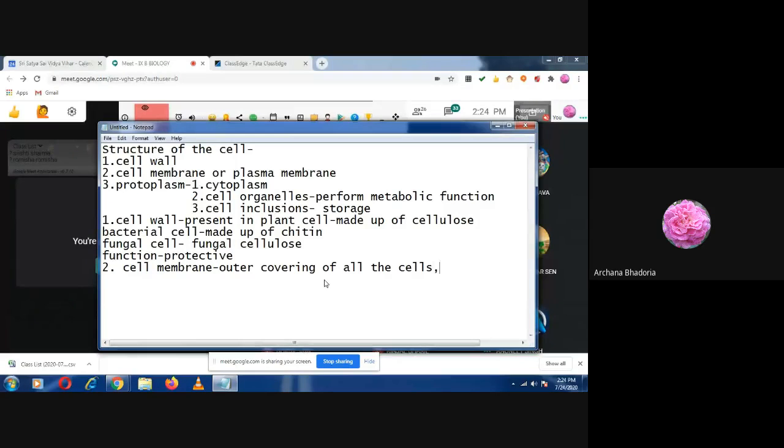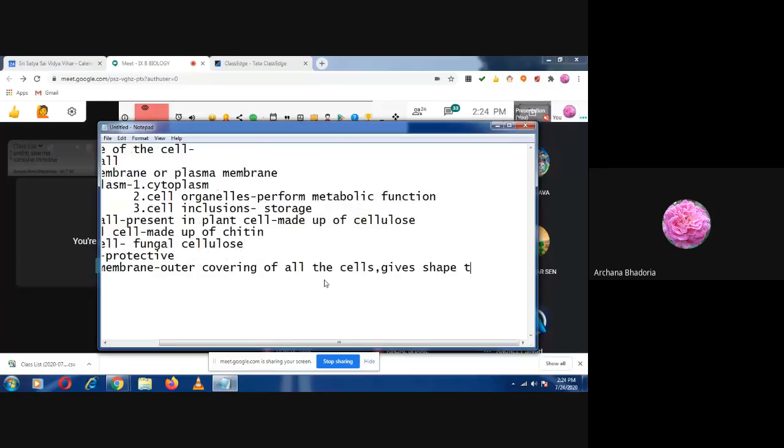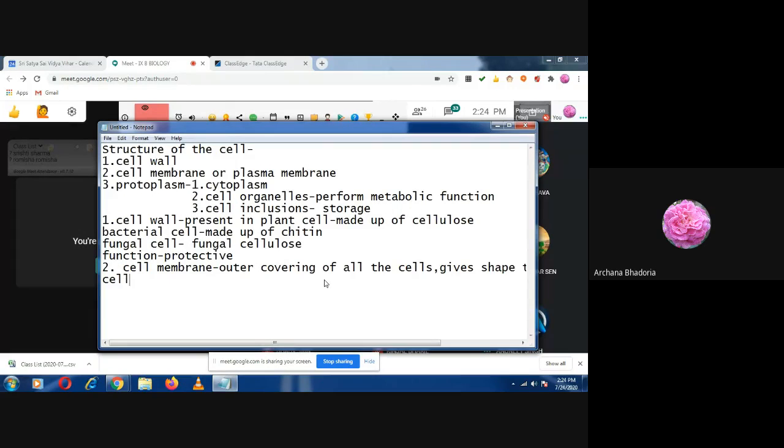You can write down: gives shape to the cell and is protective in function.